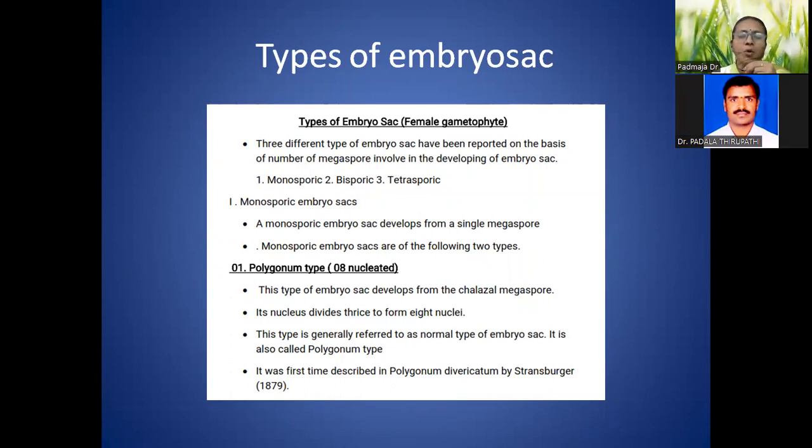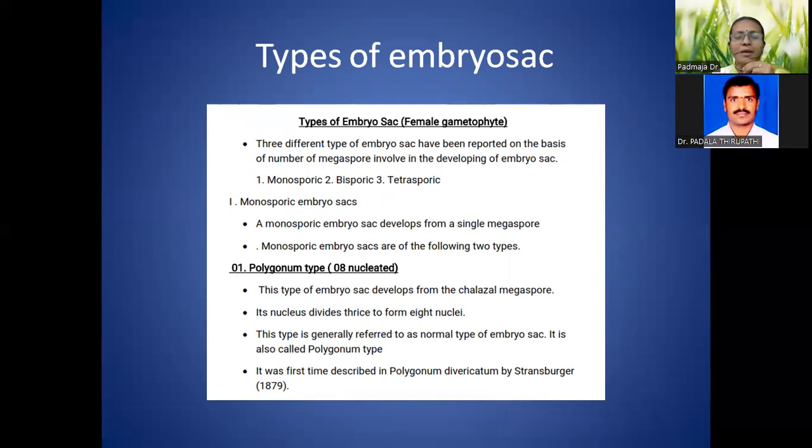In Polygonum, this type of embryo sac develops from the chalazal megaspore. We just have to remember that the chalazal megaspore will be functional and its nucleus divides thrice, that is 3 times, to form 8 nuclei. The female gametophyte is haploid, the nucleus is haploid.